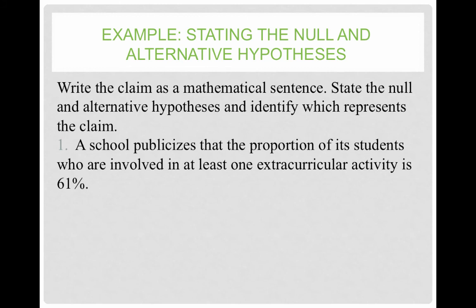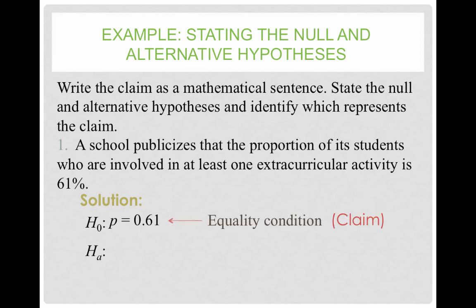So number 1, a school publicizes that the proportion of its students who are involved in at least one extracurricular activity is 61%. All right, what do you think? What's our claim? Well, clearly our claim is that the proportion of the students involved in at least one extracurricular activity is 61%. So how are we going to go about writing our null hypothesis and our alternative hypothesis?